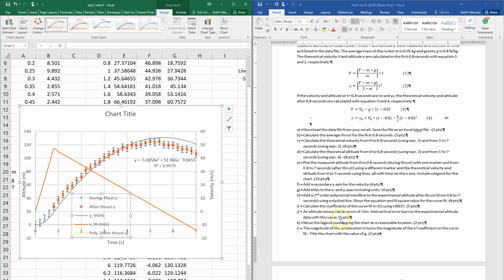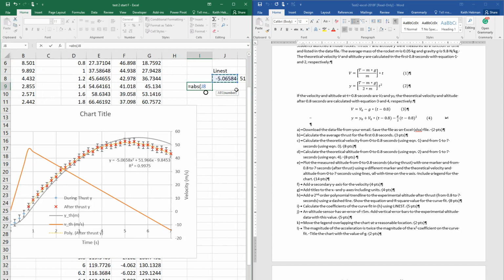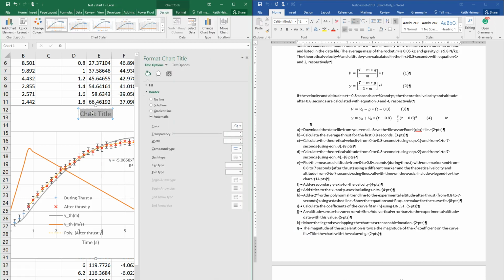And right there. And then the magnitude of the acceleration is twice that, so it equals the absolute value of that times 2. So it's 10.13. G equals 10.13.